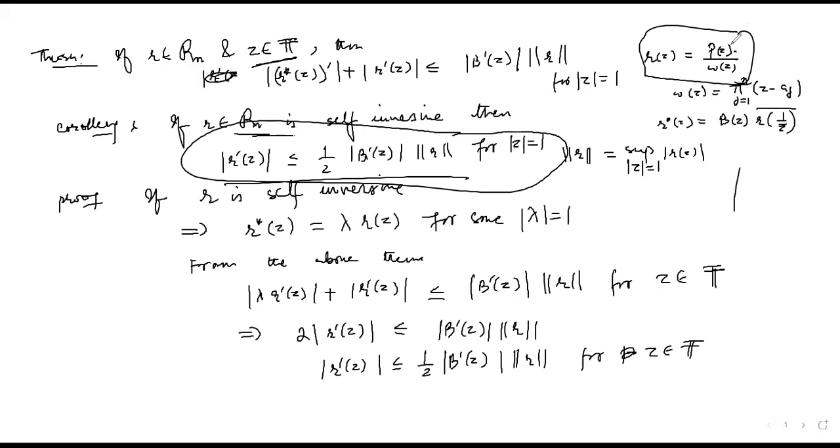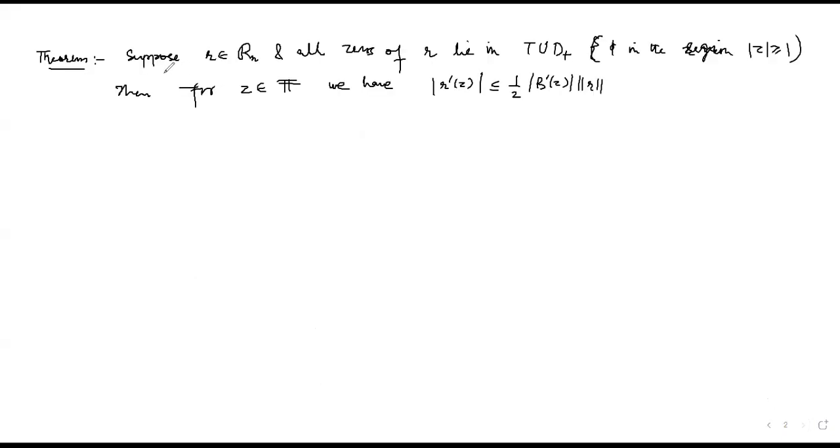So what we are saying is that if the zeros of the numerator polynomial P(z) are outside or on the boundary, then you would again have this type of inequality, whether the polynomial is self-inversive or not. Okay, whether the rational function is self-inversive or not. Okay, and the equality holds.